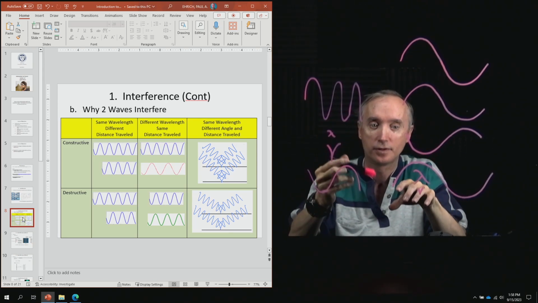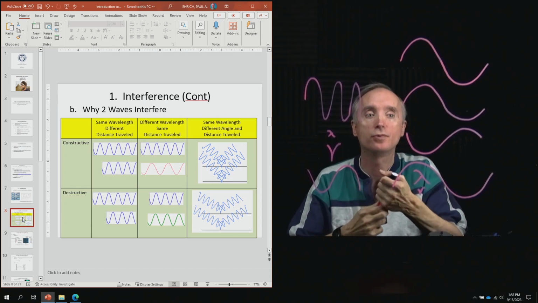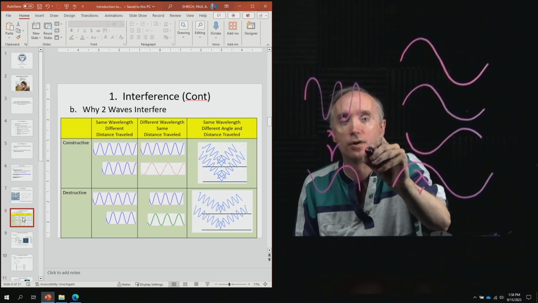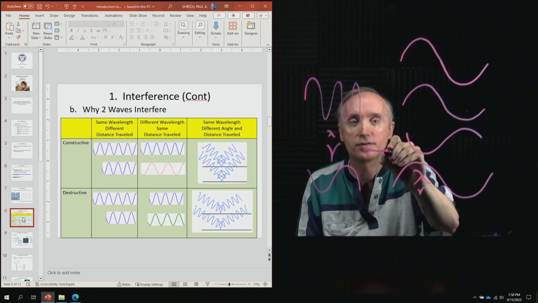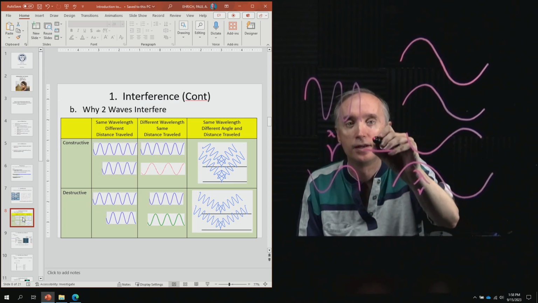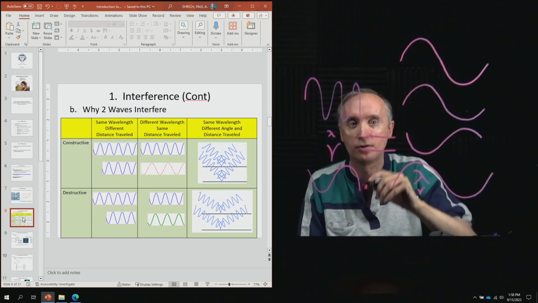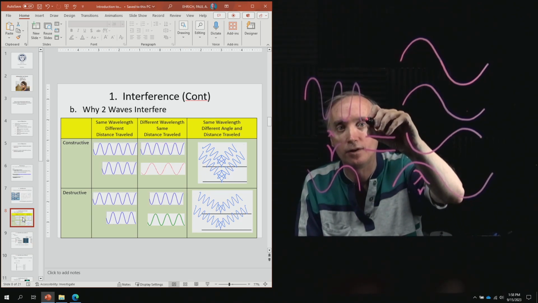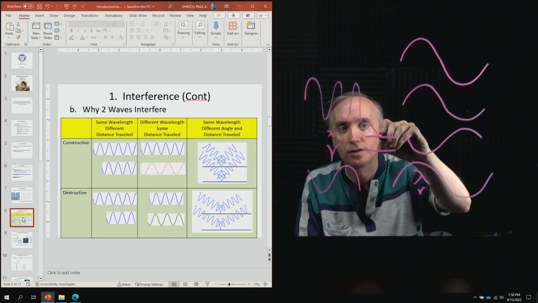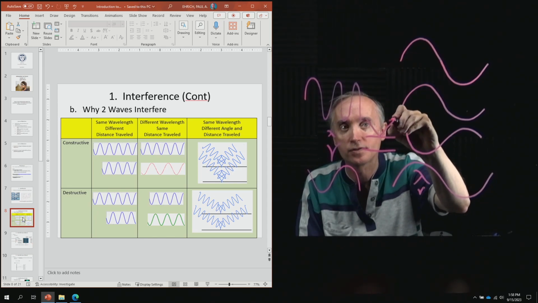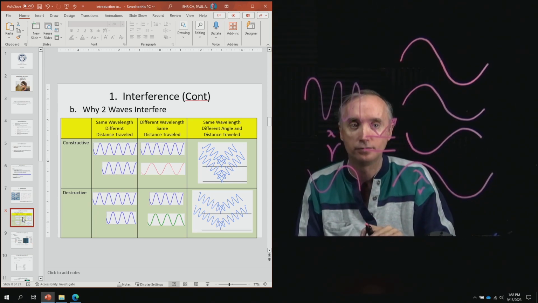So we have a situation like this where you have, this is a mirror down here. This is the surface of some glass. So light is going to come down. Some of the light is going to bounce off the glass and go into your eye.